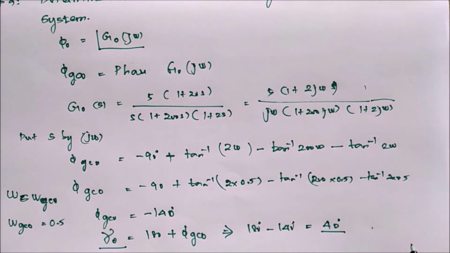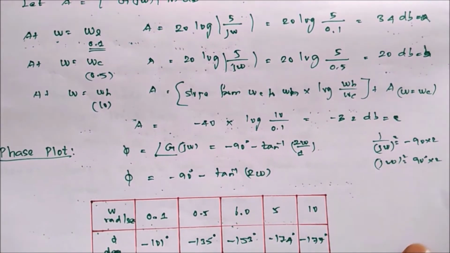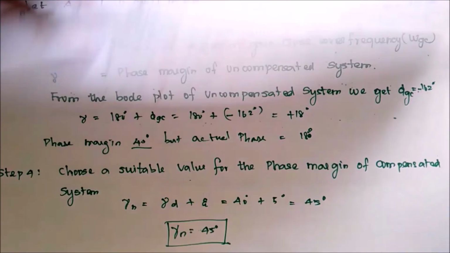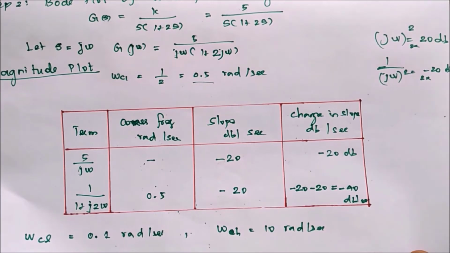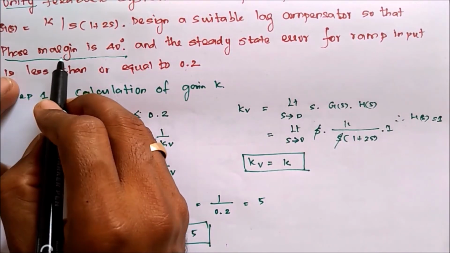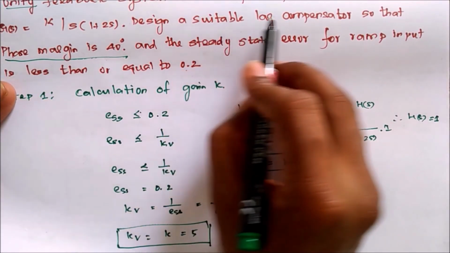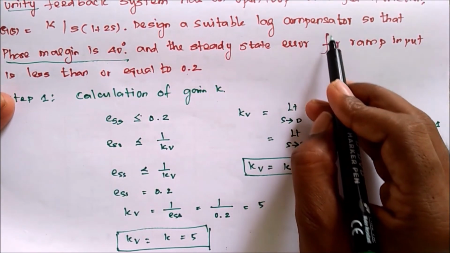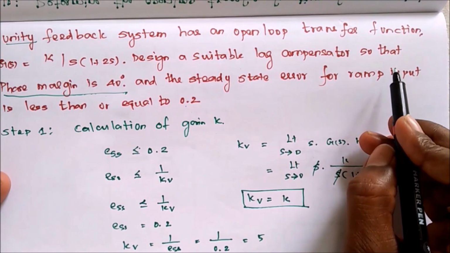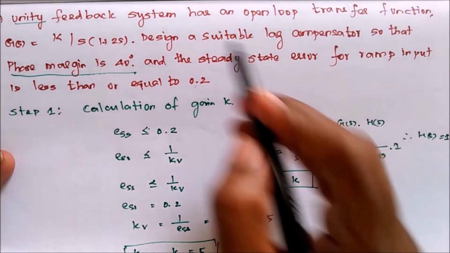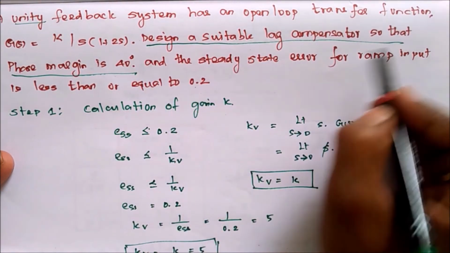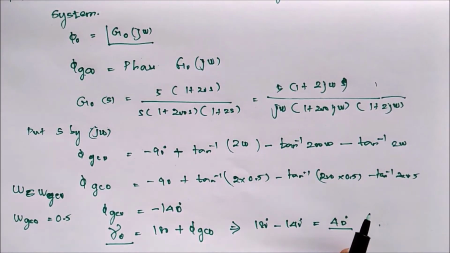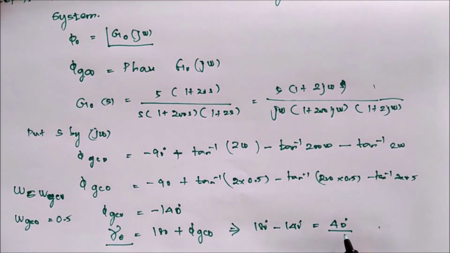When we compare with the given problem, what is the phase margin for the final lag compensator? The problem asks to design a suitable lag compensator whose phase margin should be 40 degree. Therefore, in this step also we got phase margin equal to 40 degree.